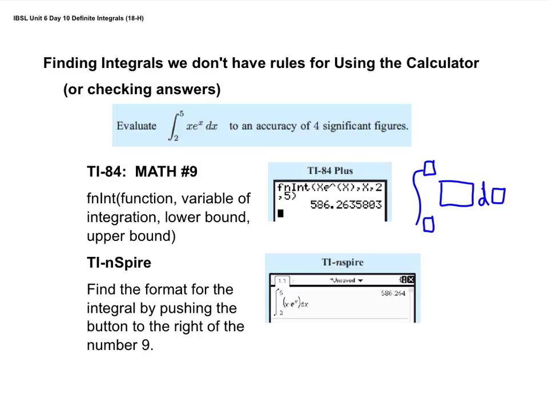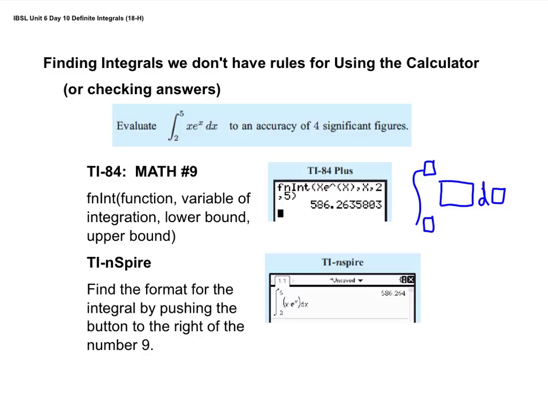If you hit the math button, which is just underneath the alpha button on your calculator, and then go down to number 9, it says fnInt. That's the integral of a function. On the 83s, you would have to remember what order to put things in: you type in your function, then a comma, then the variable of integration, which is x since it's dx, and then your lower bound and upper bound.